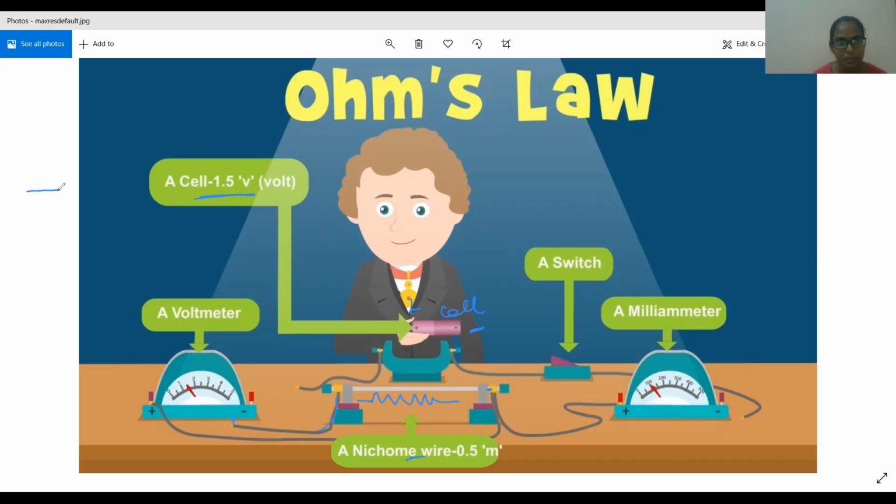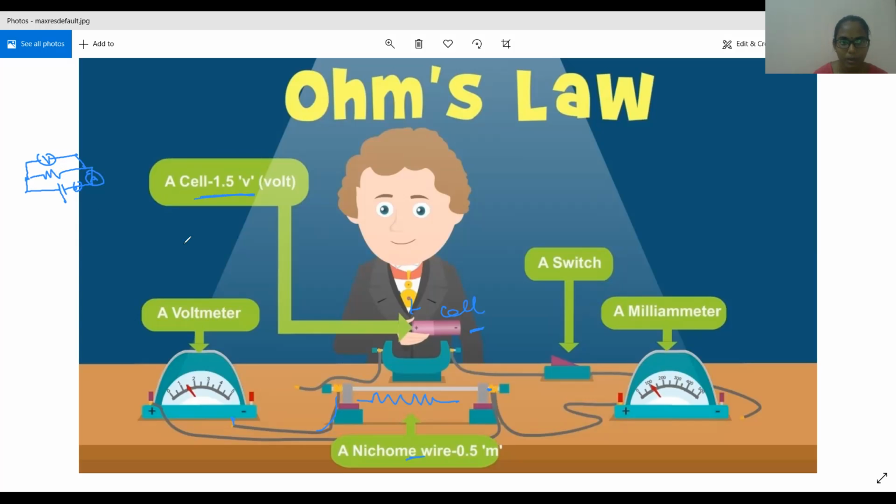Just to see, children, this is a cell. From the cell we connect a resistance, and across the resistance we connect a voltmeter in parallel. And here is the switch, a plug key, and they connect an ammeter here. The ammeter we always connect in series, and the resistor we connect like this.